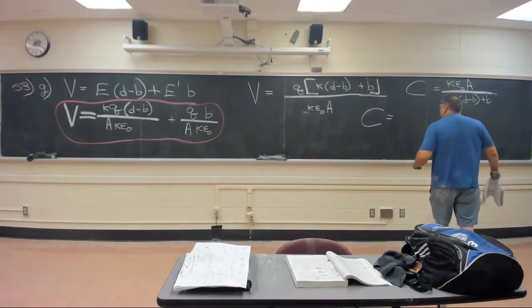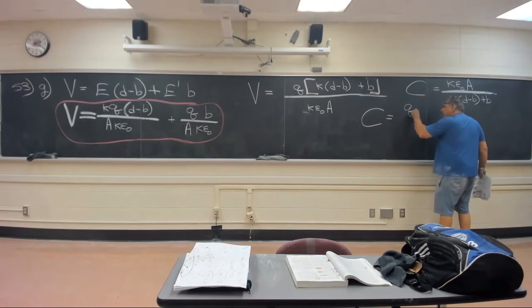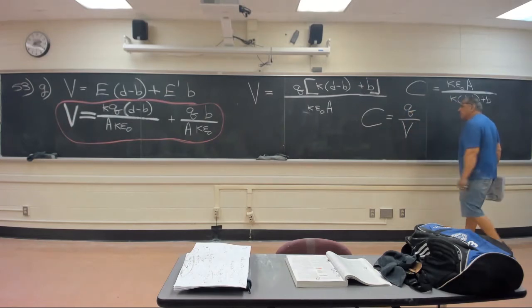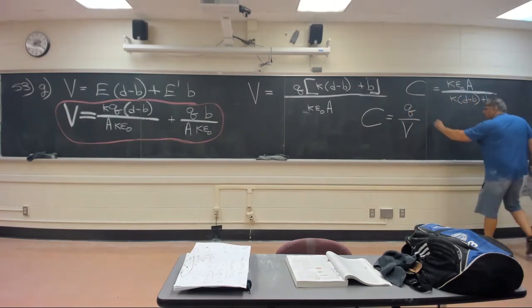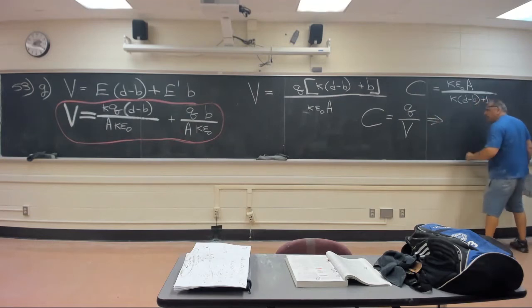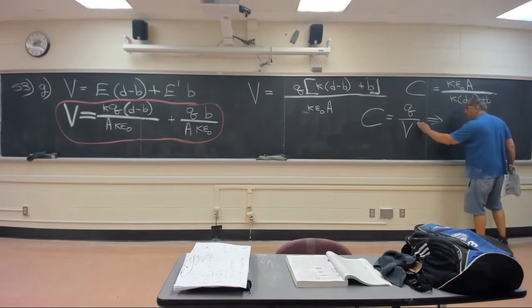Let me just put it in plain English. C is Q over V. Which means if you multiply by V on each side, you've got this.